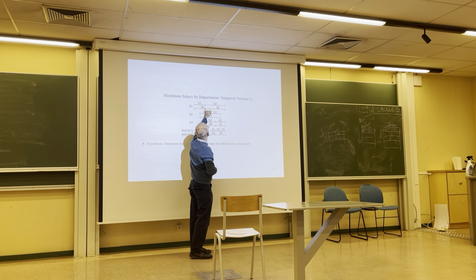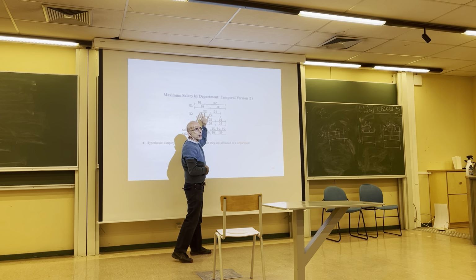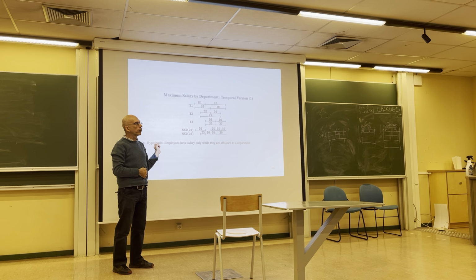We need to somehow split this 20: this part of the 20 should be accounted for department 1, and the other part of the 20 should be accounted for department 2, for computing the maximum. Okay for that?